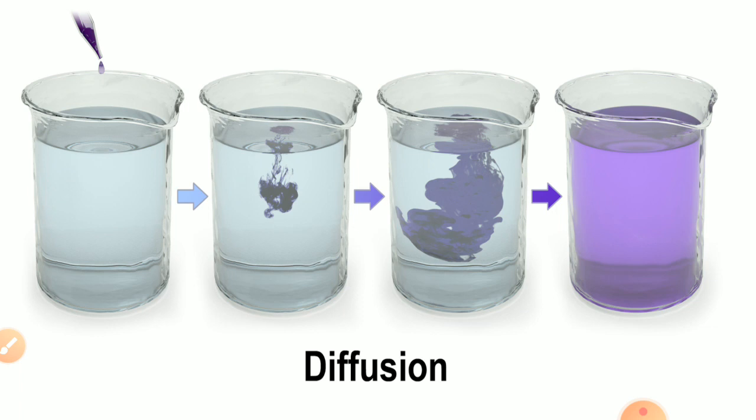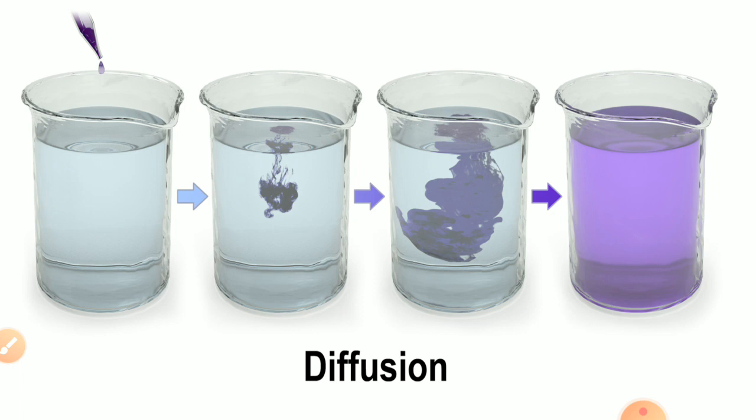This is because of what? The particles of the perfume, which were in higher concentration at one corner, start moving from higher concentration to lower concentration and keep moving until they are equally distributed. Equilibrium, जब तक बराबर नहीं हो जाते पूरे रूम में evenly distribute, तब तक वो movement continue रहेगा because of the kinetic energy of the molecules.